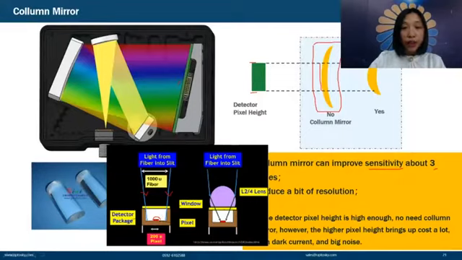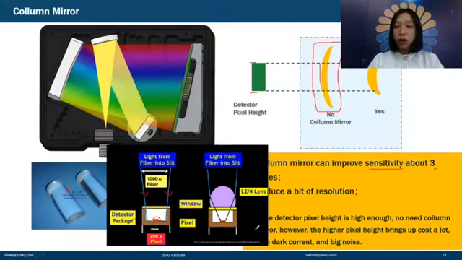And if we use this cylindrical mirror, we can focus the light onto the pixel. So cylindrical mirrors can improve the sensitivity about 3 times.